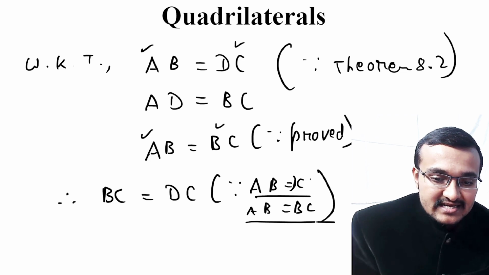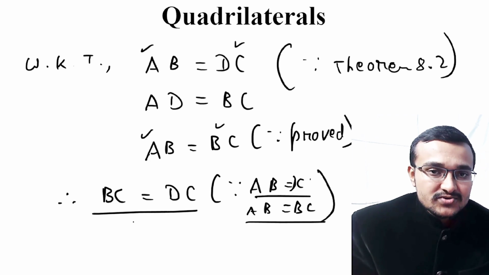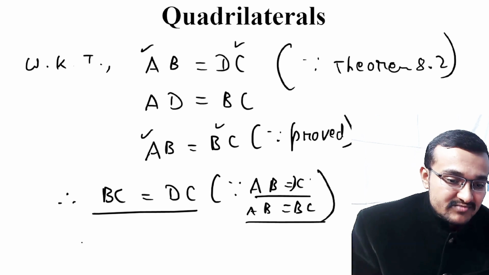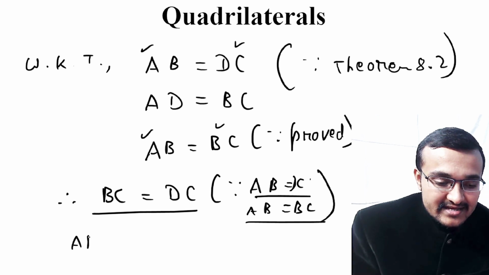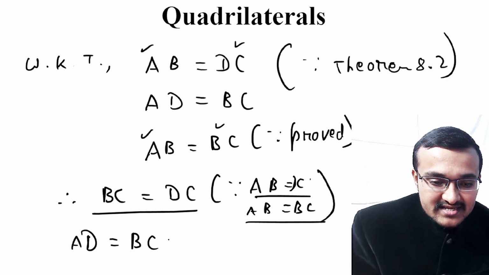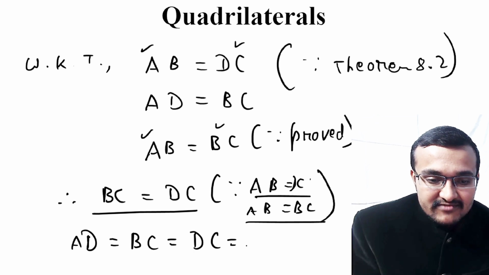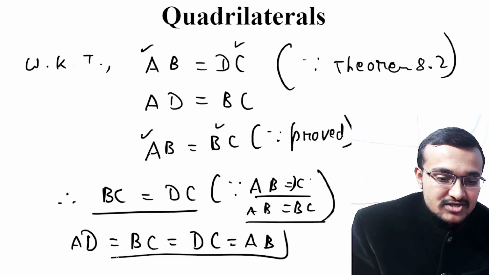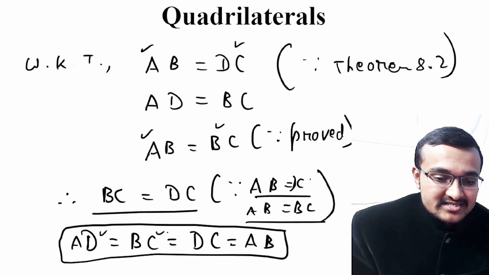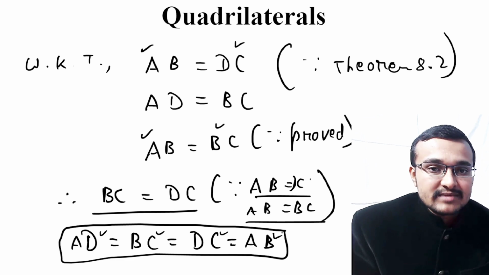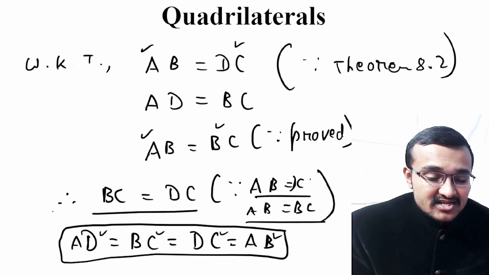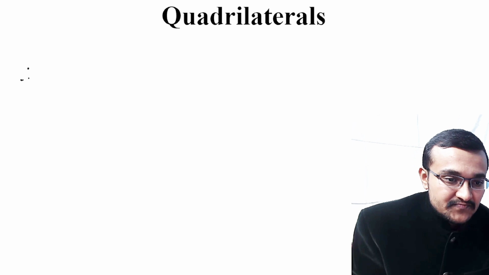And we know that BC is equal to AD. So AD will be equal to BC, equal to DC, and we know this is equal to AB. That means all the sides in this particular quadrilateral are equal to each other.